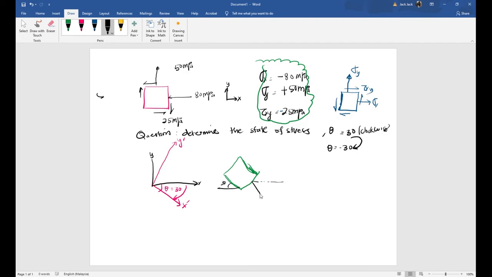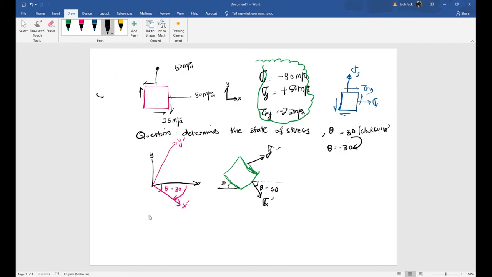So this is your new sigma x prime, and this is your theta, which is equal to 30 degree, and this will be your new sigma y prime. But the problem here, we do not know the direction of the sigma x and sigma y. So what we need to do, we need to use our favorite equation.